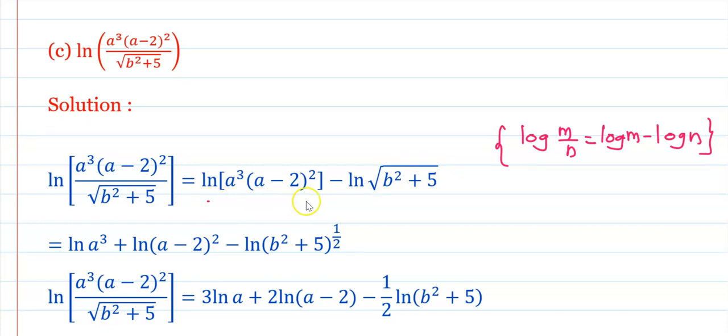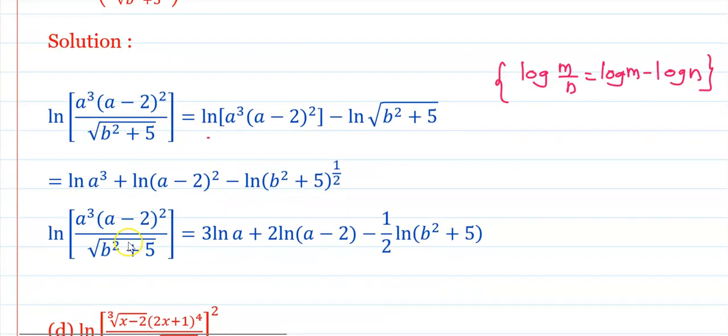Again the product rule इथे apply करणार: natural log of a raised to 3 plus natural log of (a minus 2) bracket square minus natural log of (b square plus 5) raised to 1 upon 2. मग नंतर again we will apply the exponent rule, that is log of m raised to n is equals to n times log of m. Similarly here, that is 3 times log of a, पुन्हा exponent 2 पुढे येणार, 2 times natural log of a minus 2, minus again 1 upon 2 natural log of b square plus 5, in this way.